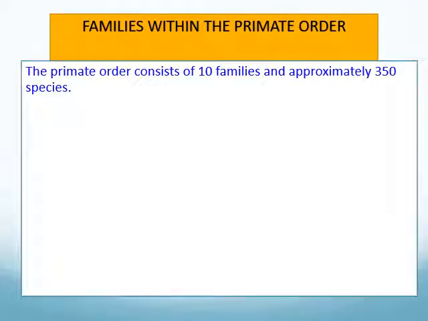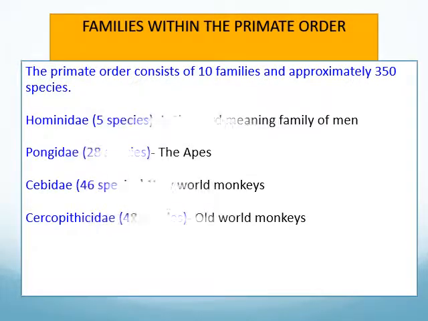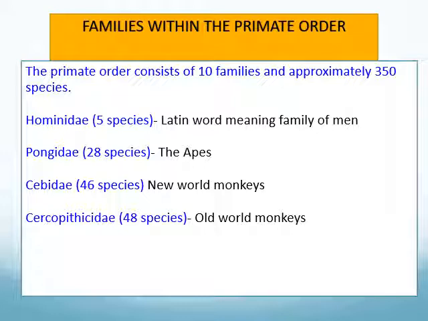Okay, so the families that are within the primate order, there are actually 10 families, and we are now down to 350 species. So we have really narrowed it down, but we're still not at our one. Okay, so we've got family Hominidae, that's 5 species, the Latin word meaning family of men. We've got family Pongidae, and that's our apes. Cebidae is the New World monkeys, and Cercopithecidae is the Old World monkeys.